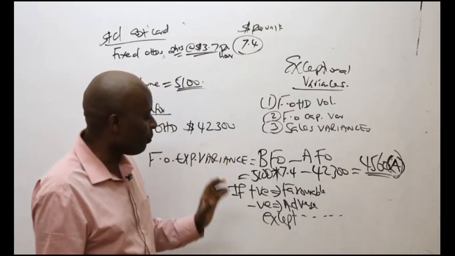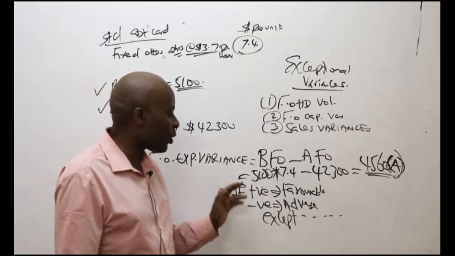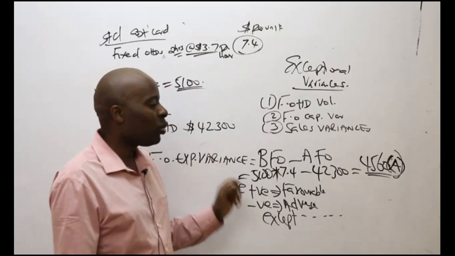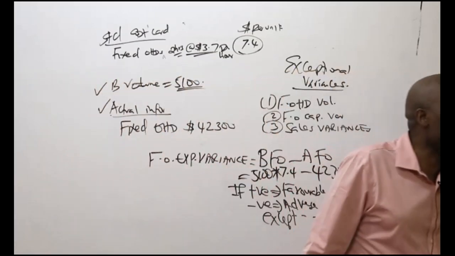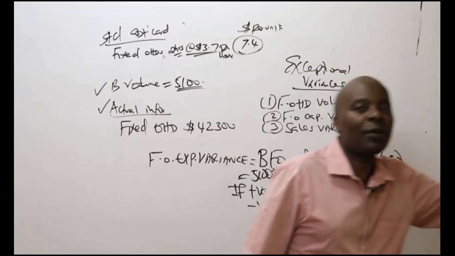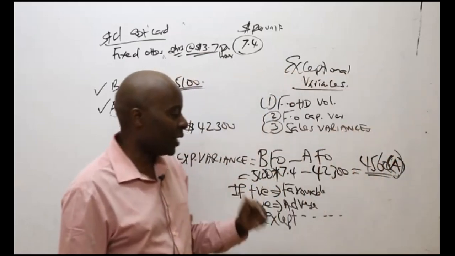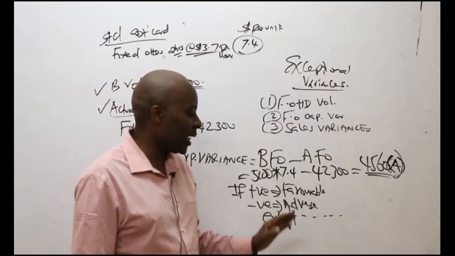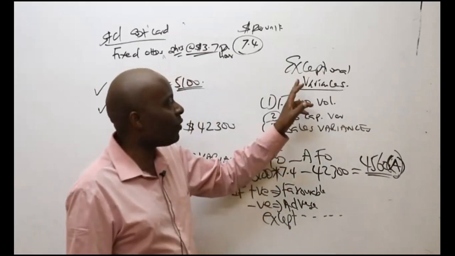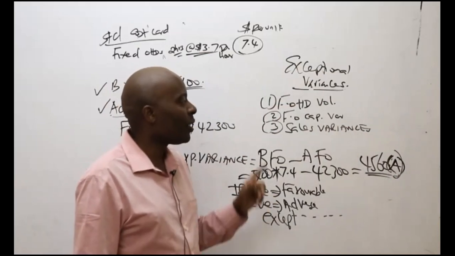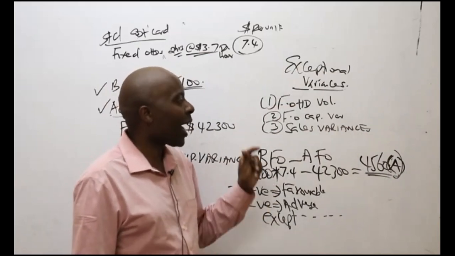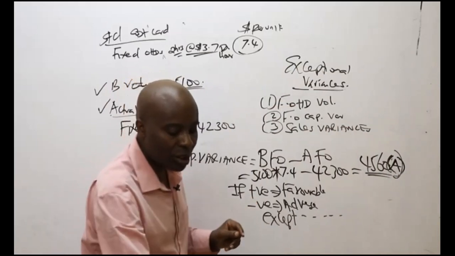Whenever we are computing variances and we happen to get positive variance, all of them are what here? Favorable. Negative variances are also what here? Negative variances are adverse. So this should always be the pattern, except these three variances that we are calling exceptional: fixed overhead volume, fixed overhead capacity, and then we have sales variances.